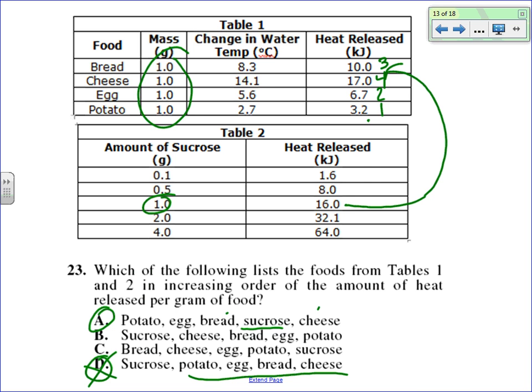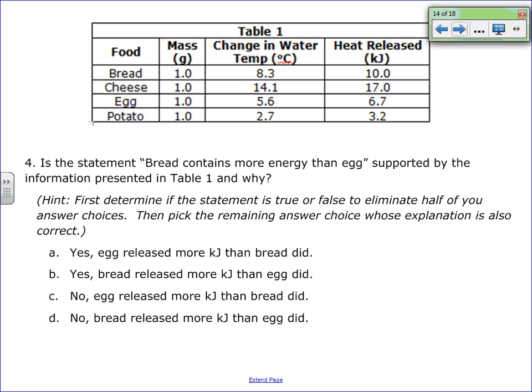All right, what you want to do right now if you are at home is answer questions 4, 5, 6, and 7. Once you've answered questions 4, 5, 6, and 7, press play, and we'll go through the answers together. These are the last ones. If you can answer these, you can answer any of them. Please make sure that you read the hint in question 4 because it tells you how to answer specifically EMI502 style questions.